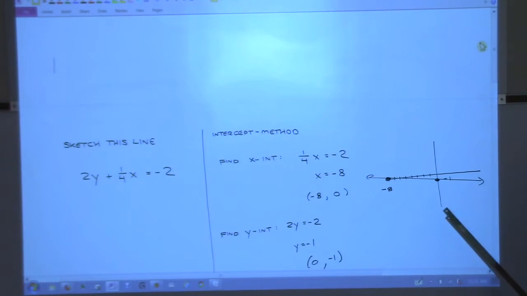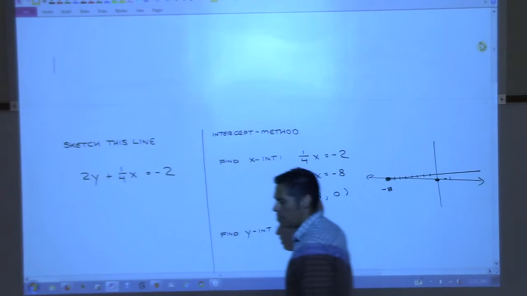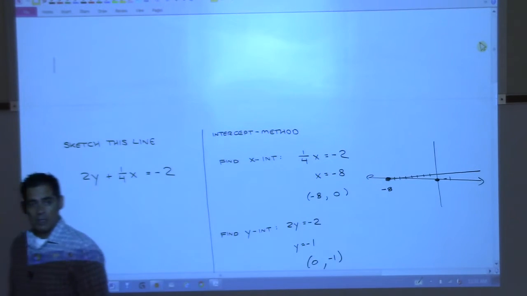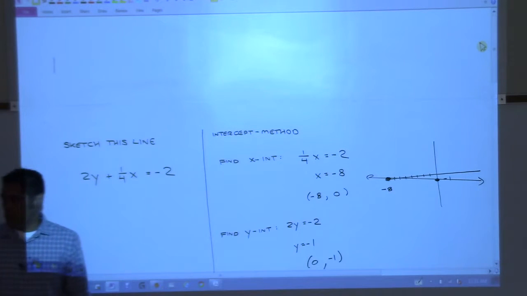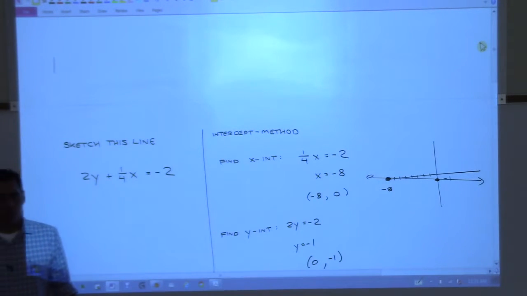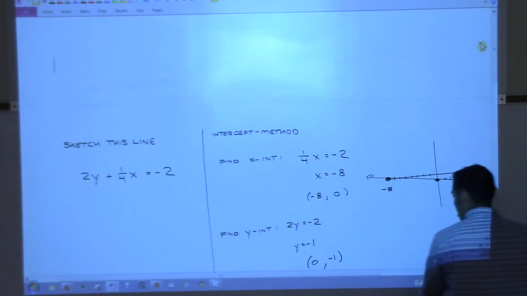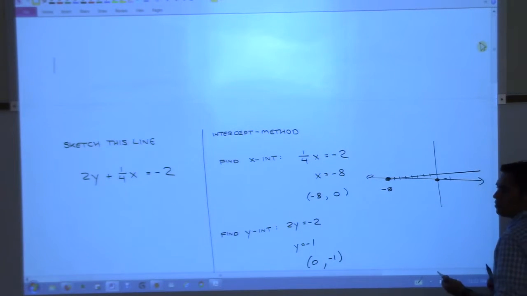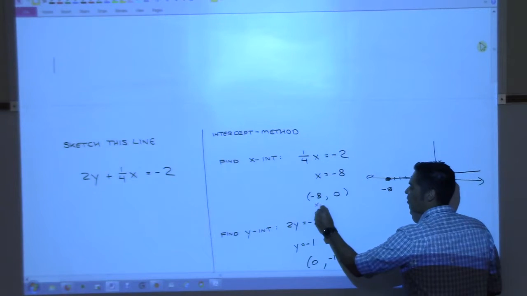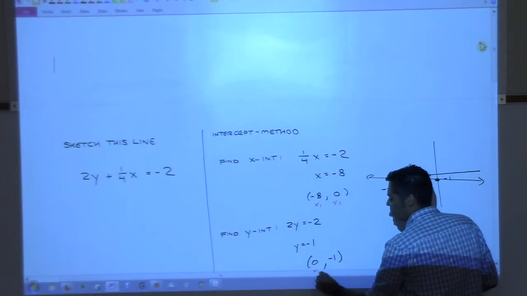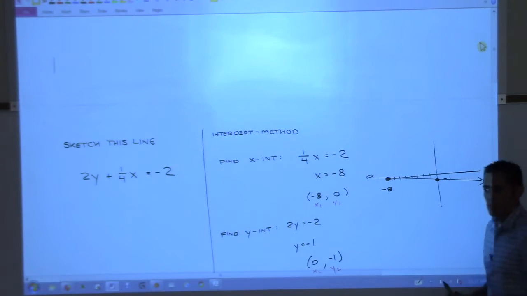Is the slope of this line positive or negative? Negative. Do you know what the slope is? Not really, right? Could you calculate the slope? Yes, you could. How could you calculate the slope if you needed to? Rise over run. You could call this point x1, y1, call this one x2, y2, and then use the formula, right?